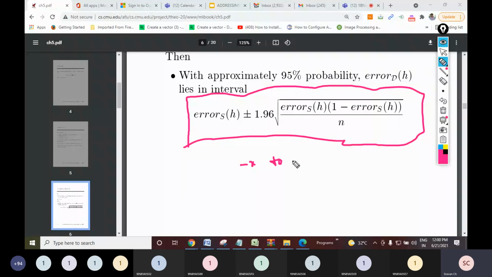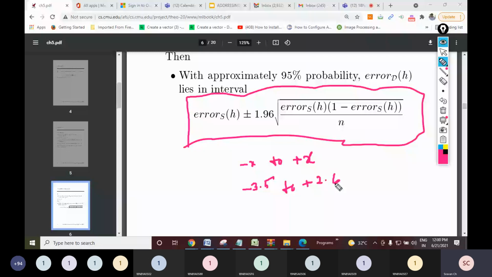Something like minus 3.52 to plus 2.6. Like this I can get an answer. So with approximately 95% probability, true error lies in this interval.